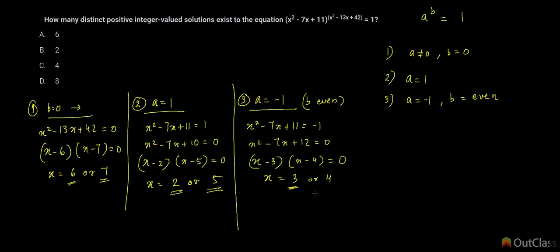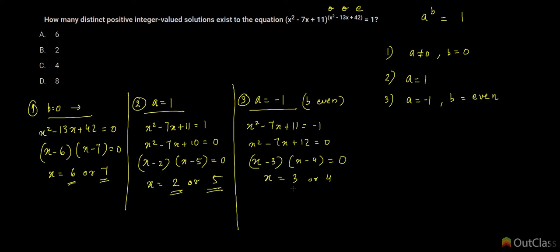Now before we underline them, let's just look at what happens to the power. 3 square minus 13 into 3 plus 42. Just look at whether the terms are odd or even. 3 square is odd, 13 into 3 is odd, 2 odds make an even, then you have another even. So b is even.